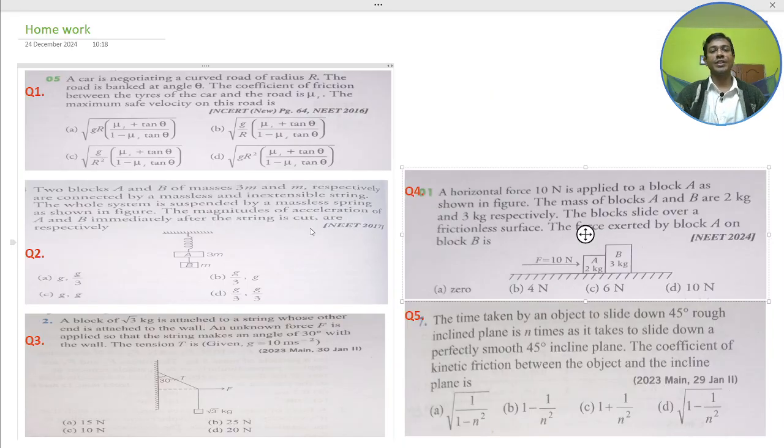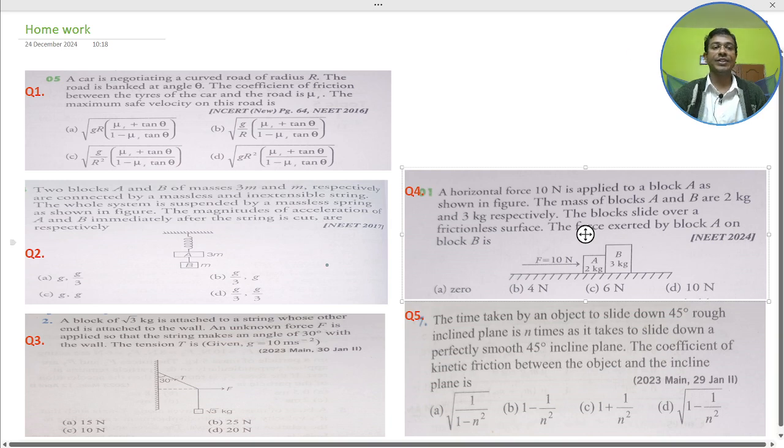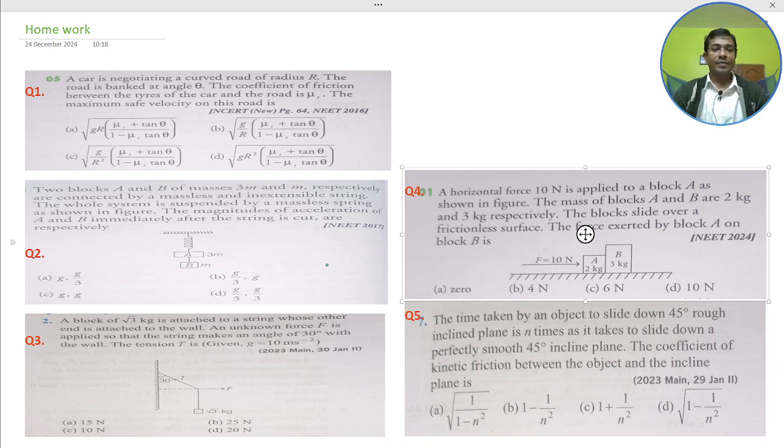So we just did 5 important questions coming in the JEE Main, Advanced and the NEET. For better concept understanding and practice, I usually give you homework with the same type of questions coming in JEE Main, Advanced and the NEET. These 5 questions, you just pause this video and take a screenshot quickly.